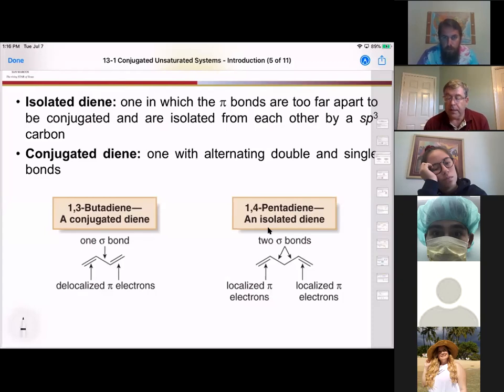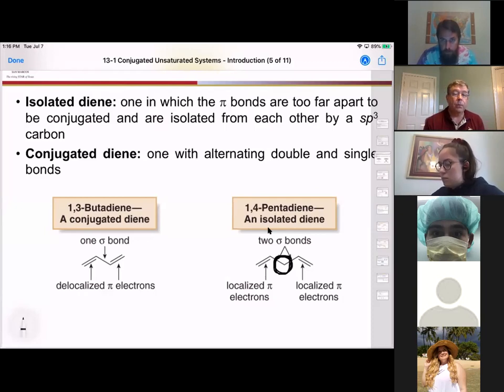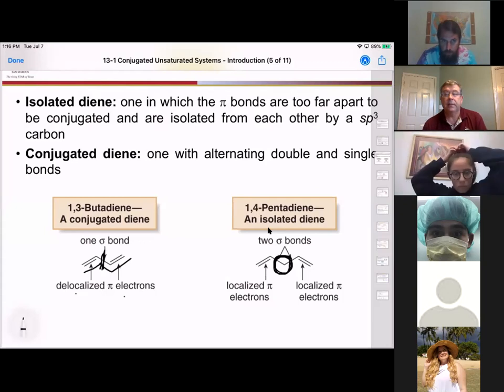Because we have this sp3 hybridized carbon, we no longer have overlap of the p orbitals of the different alkenes, and so we see different reactivity than if we had them spaced evenly apart with just one sigma bond between the two different sets of double bonds.